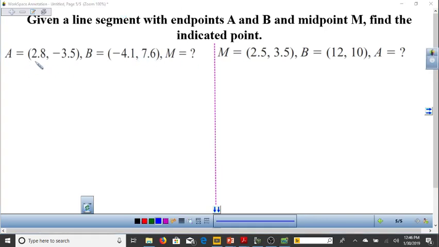So in this case, the midpoint M, xm, ym, is the average of the x's, comma, the average of the y's.